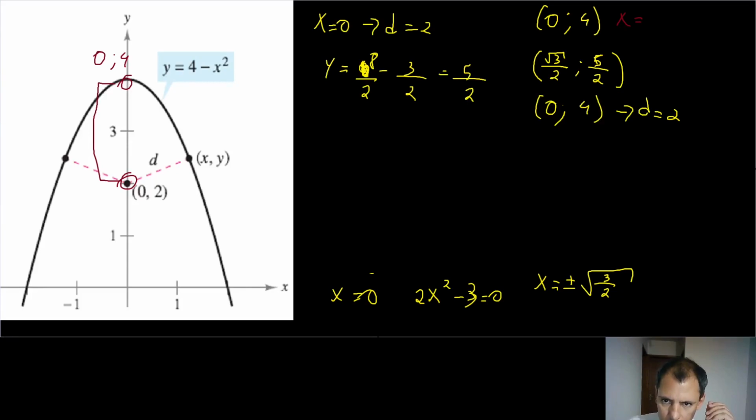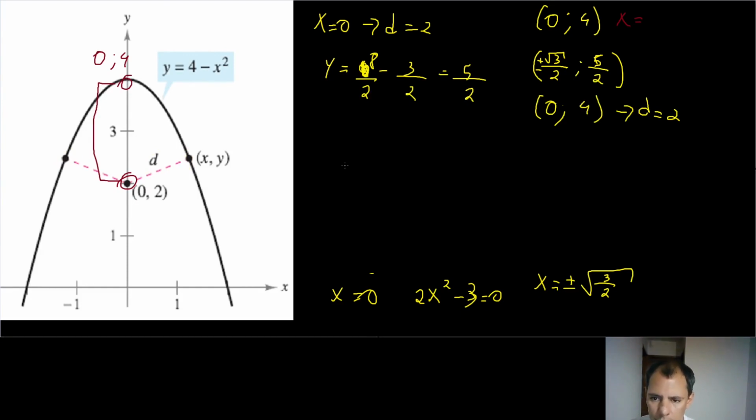Because the parabola graph over here is symmetric about the y-axis, this distance is going to be exactly the same as this distance. You can put plus or minus square root of 3 divided by 2 in x, meaning this point or this point, and the value in y is going to be the same, which is 5 divided by 2.